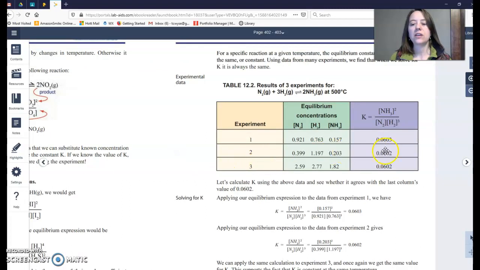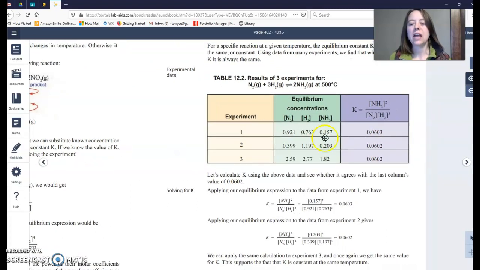And then if we look on the next page, we have a couple of different scenarios. We have nitrogen gas reacts with 3 moles of hydrogen gas to make 2 moles of ammonia gas, and then here's our certain temperature.